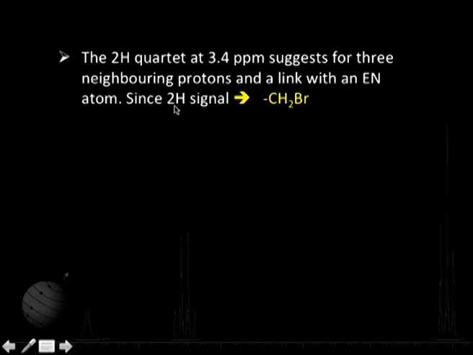Since it is a 2 proton signal, the fragment which is causing this signal at 3.4 ppm is CH2Br. These 2 protons giving the signal are linked to a carbon attached to a bromine atom, which is electronegative, and of course, there are 3 neighbors in the neighborhood which are causing it to be a quartet.